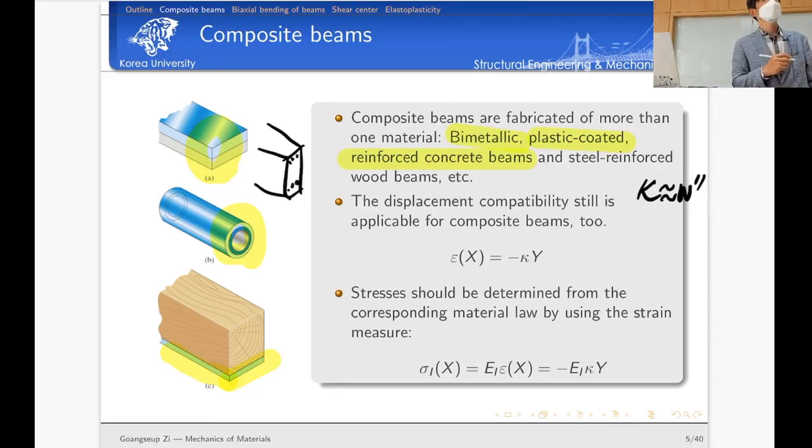Okay, still the same. So make sure that the kinematics is independent of equilibrium. Okay, kinematics is independent of equilibrium. I told you several times. Okay, the connection is what? The connection between the kinematics and equilibrium is, what is this? Constitutive law, material law.